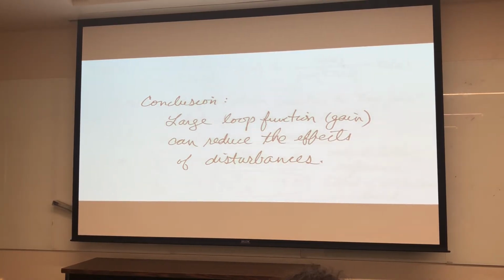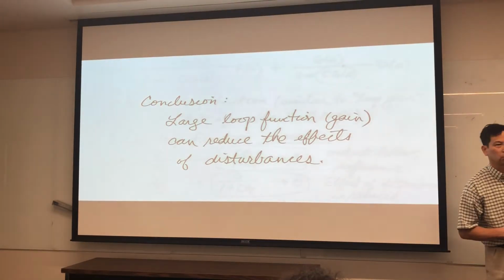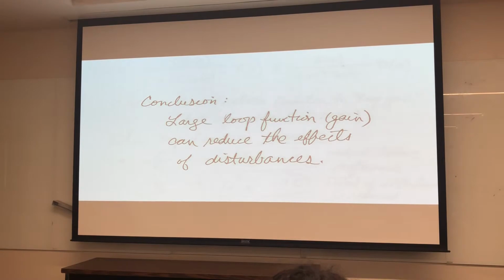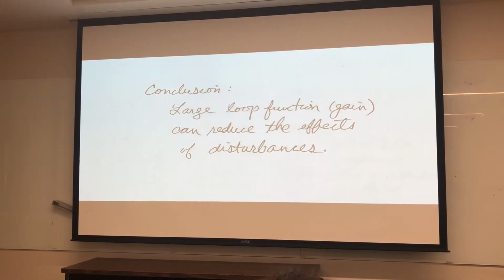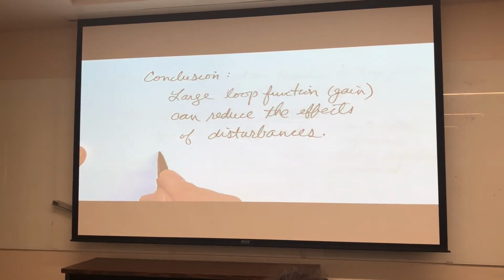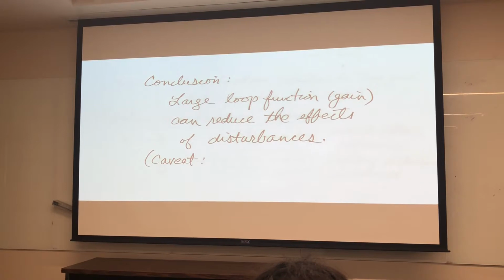Okay? Large loop gain can reduce the effects of disturbances. Okay, this is why we use feedback. One of the reasons we use feedback. There is a caveat, of course. What is the caveat?